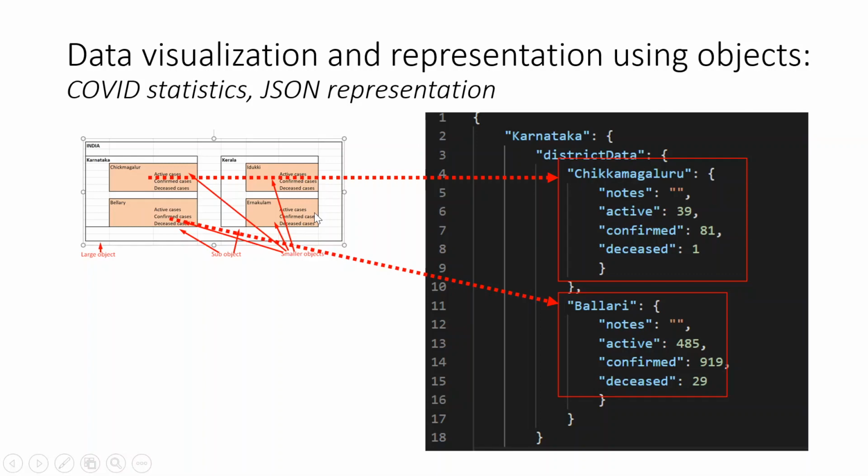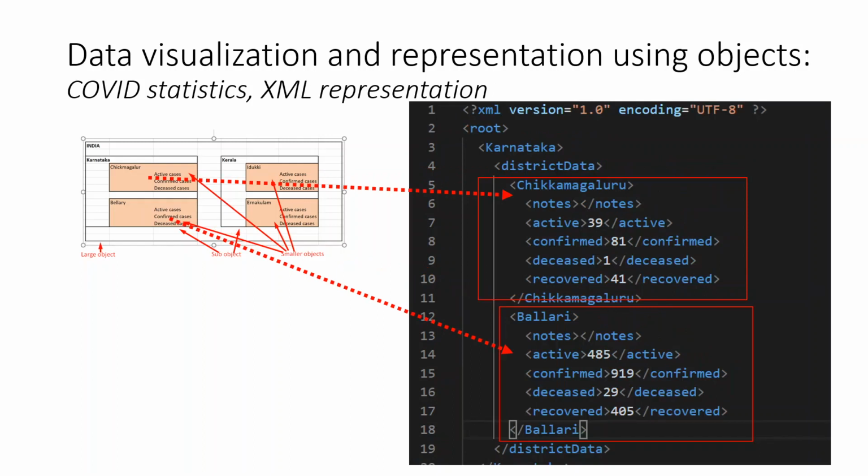So the same data, exact same data, can be visualized in XML like this. This is how it looks. XML, as we looked, is an extensible markup language. Marking means this tells that this is the root of the data.